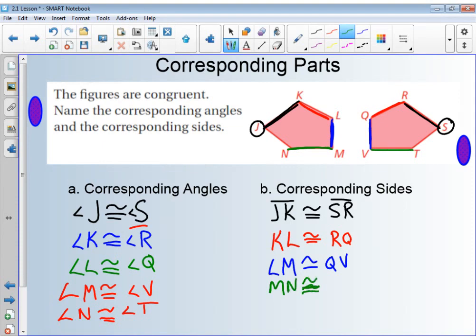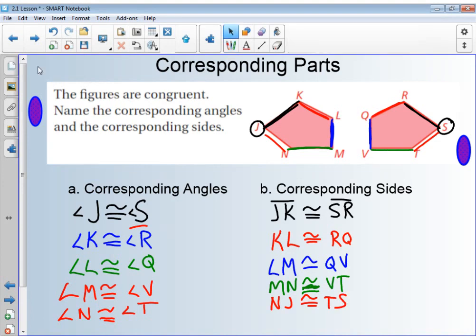And then our last side that we have there would be NJ. NJ corresponds to TS. Now, had you had your letters reversed, you would still be identifying the correct side, just not in the exact same order. The most accurate is to put them in the same order.